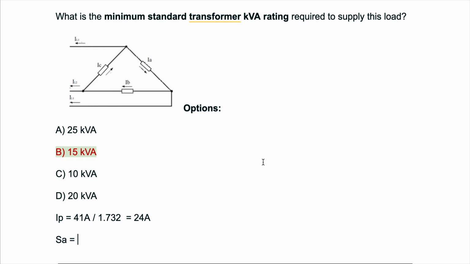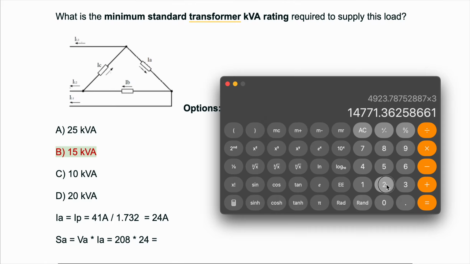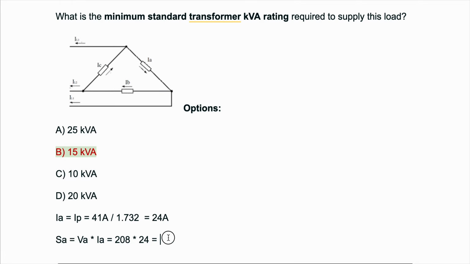So it is VA by IA, and this is IA actually, IA equal to I phase, and it is 208 by 24. It's close to 25 amp, or let me write it 24, and it's equal to 208 by 24. It's 4.9 kilo.